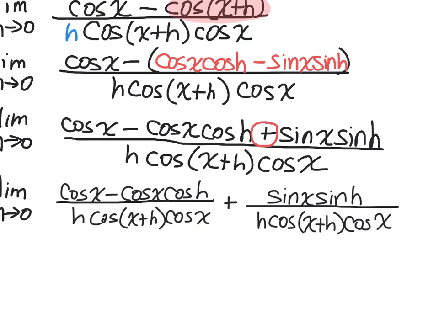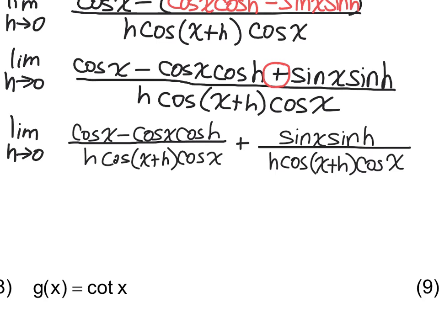All right. So we're looking pretty good here. It may not be completely obvious where we're at, but the makings of where we're supposed to be going should be starting to come into focus. Because again, I have that common cosine of x here. I'm going to yank that out.